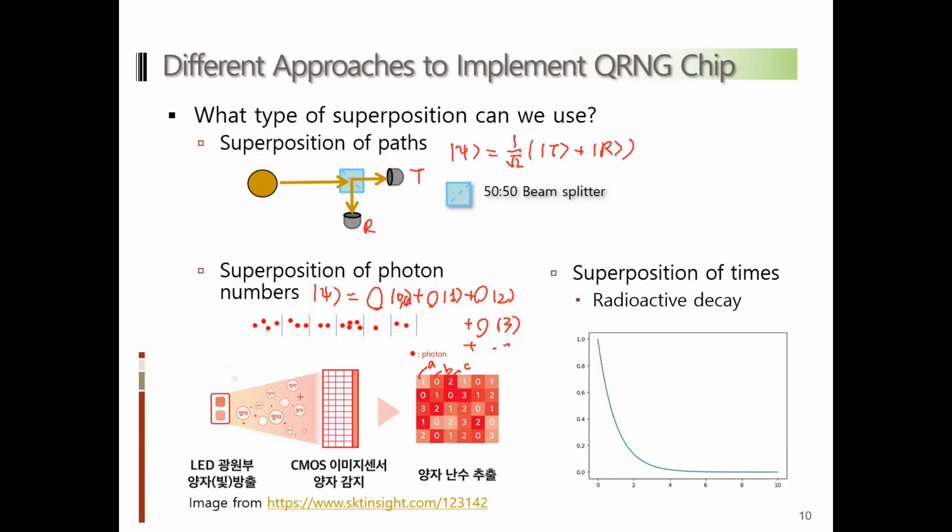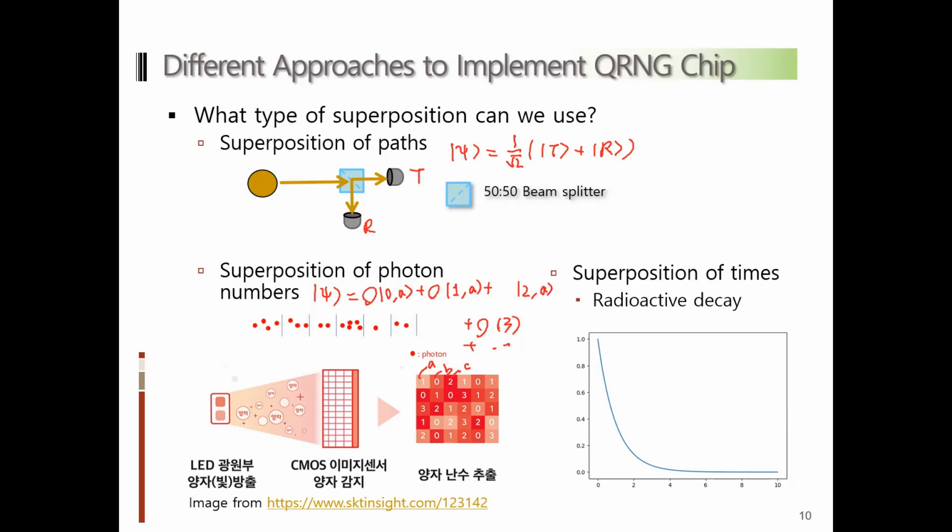Even for the A pixel, it can be considered as zero photons impinging on the A pixel, and then one photon impinging on the A pixel, and then two on the A pixel, and so forth.